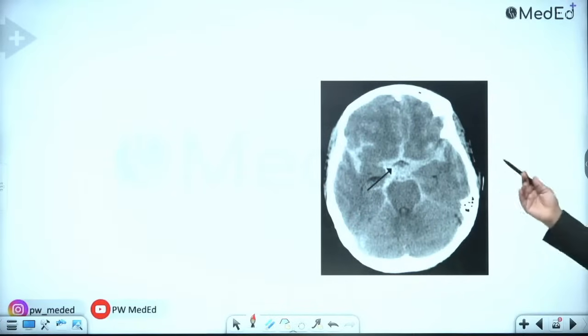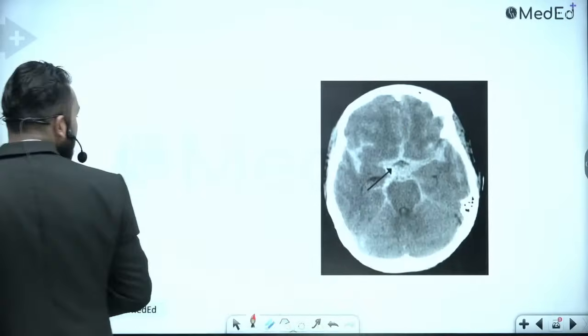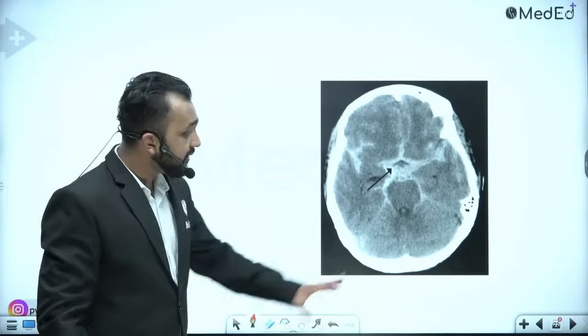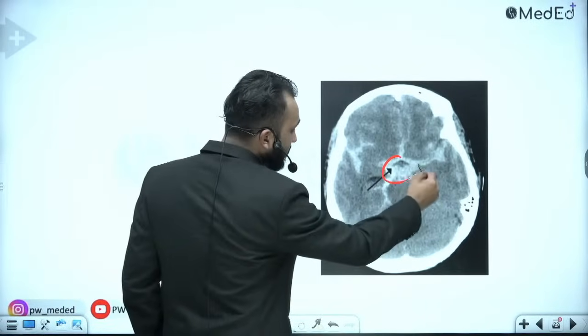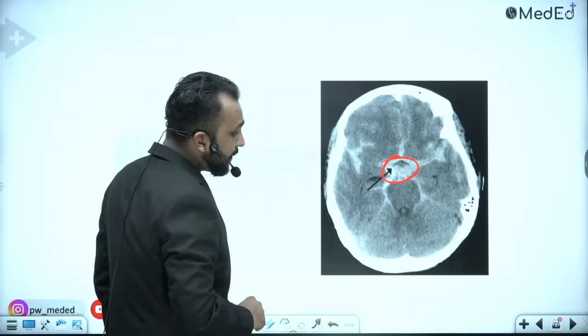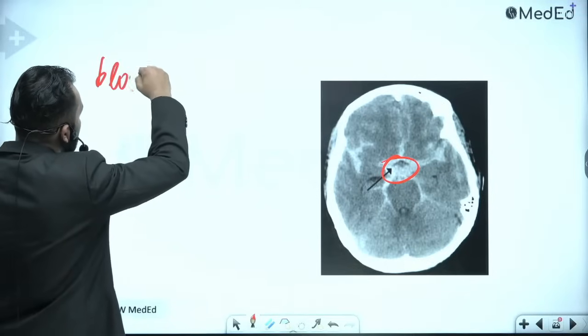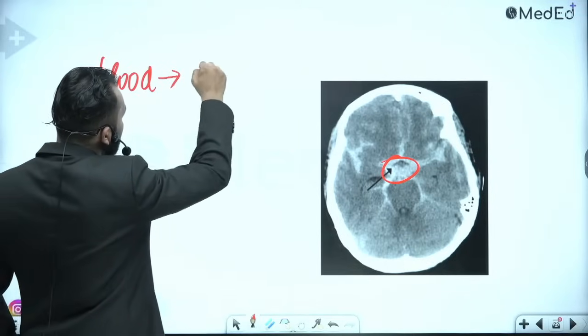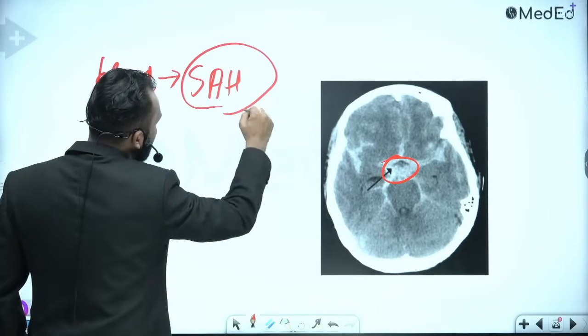Now what is being shown in this NCCT image of the head? In this image we can see that there are hyperdensities along the basal cisterns. This hyperdensity is basically your blood in the basal cisterns, and this is seen in a patient with subarachnoid hemorrhage.